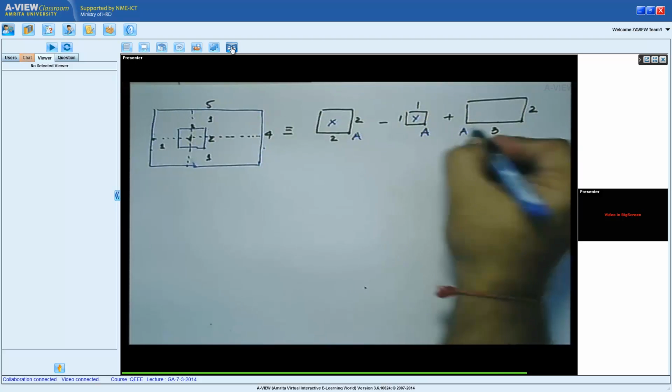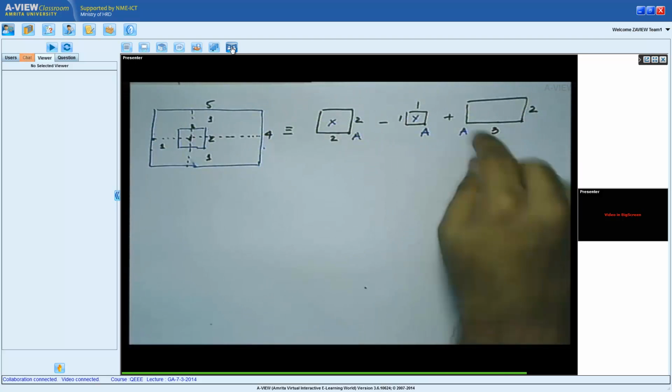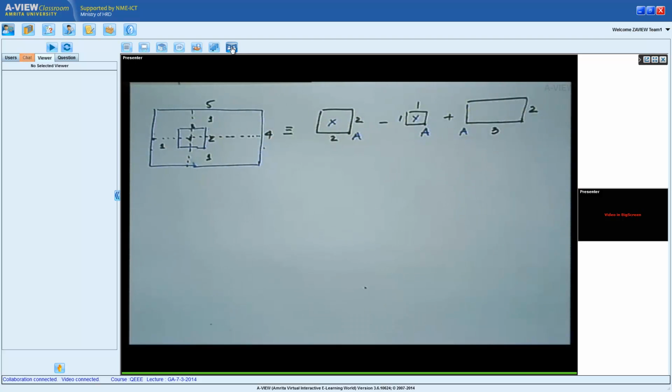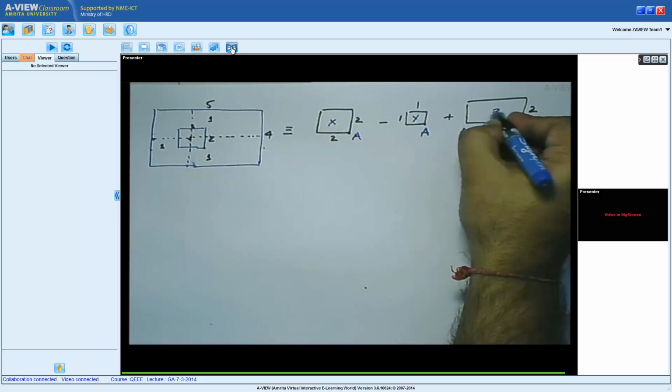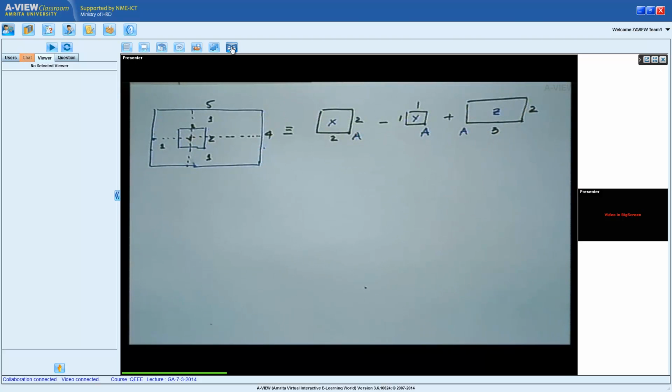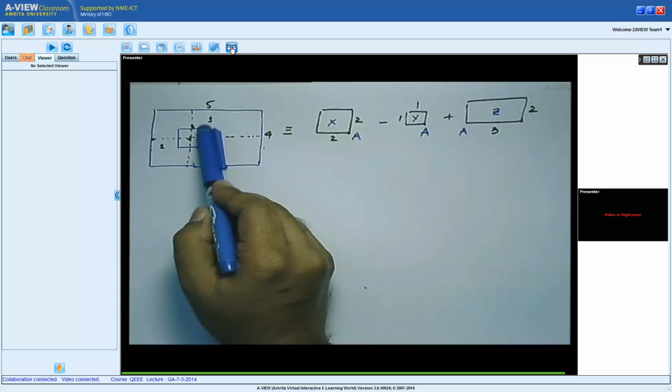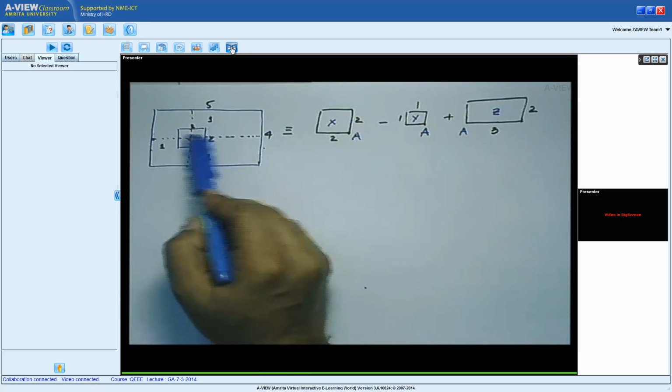That's the A point. It does not matter where the A point is because you're still looking at the corner. It has to be at the corner. And let me call this Z. So I have taken this whole Z, this whole thing. What I need to do is subtract the smaller area.